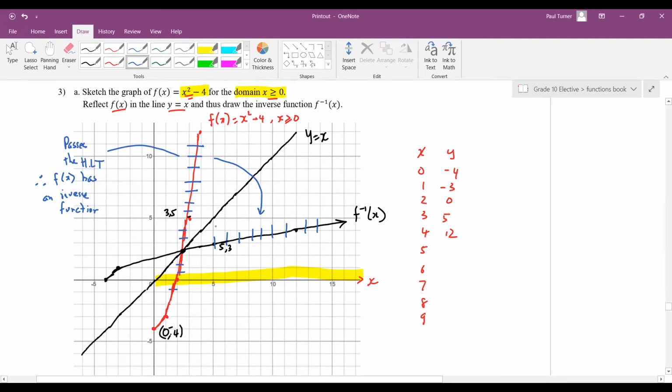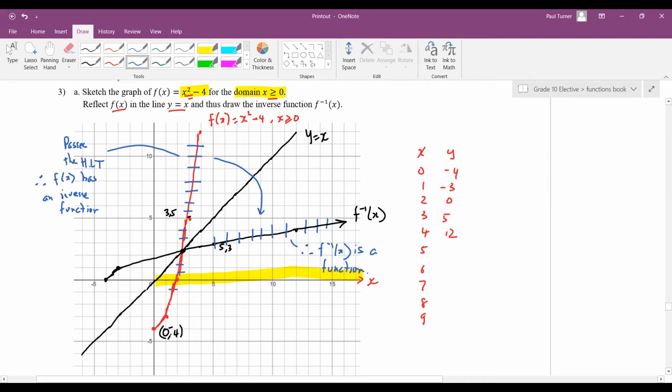So therefore the test swaps as well. So if you pass your horizontal test here, you're going to pass your vertical test here. And therefore f inverse x is a function. And we can tell it is, it's going to be one-to-one. It's a function because we passed the vertical test.